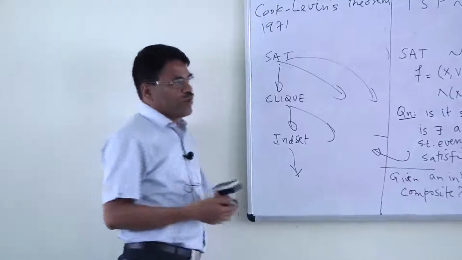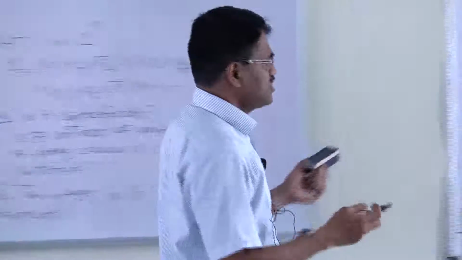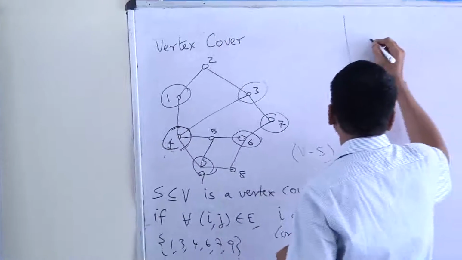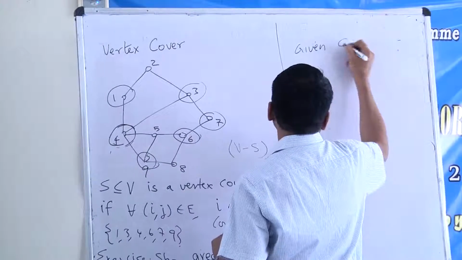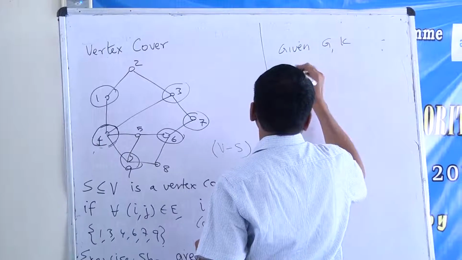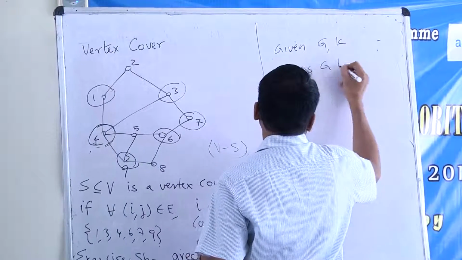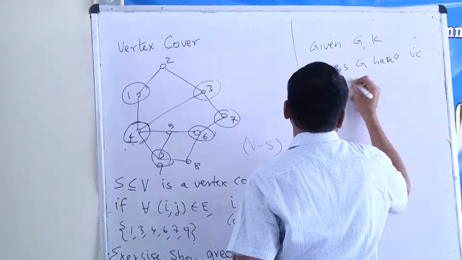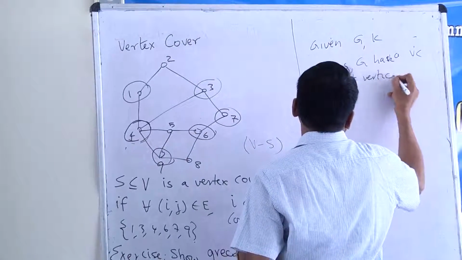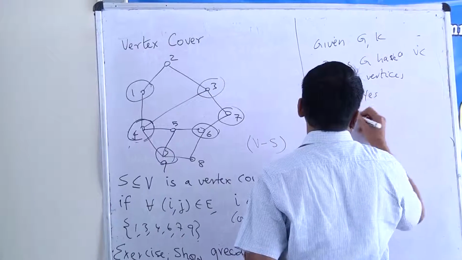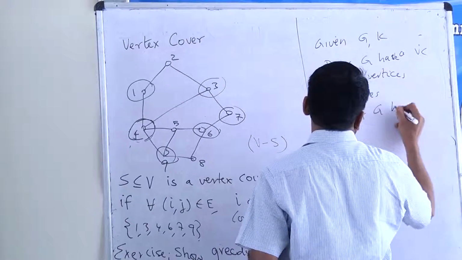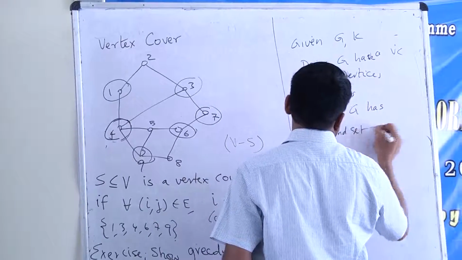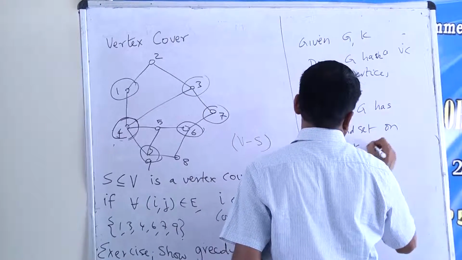So the decision version would be: given G and k, does G have a vertex cover on k vertices? Yes, if and only if G has an independent set on n minus k vertices.